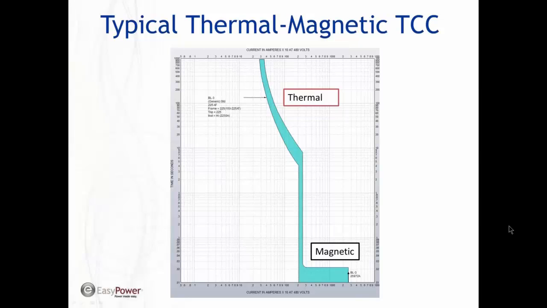This vertical line here is really the instantaneous pickup point. So once the current reaches this band here, the breaker is going to trip on instantaneous. Now there is this thickness of this line, this width of this band is the tolerance for the breaker. So if the fault current is right inside of that band, you don't really know if it's going to trip on instantaneous or if it's going to trip on thermal.